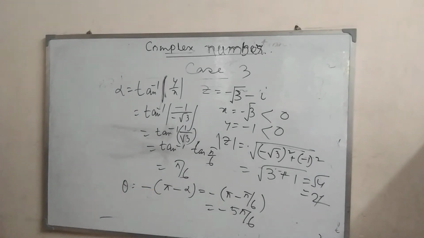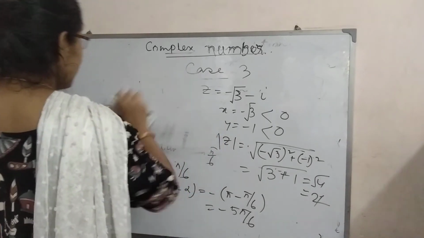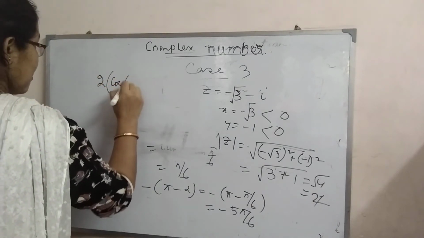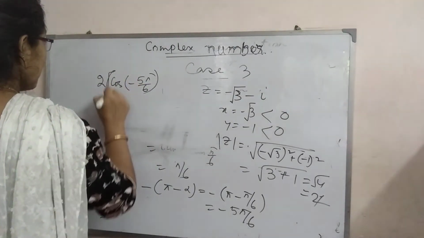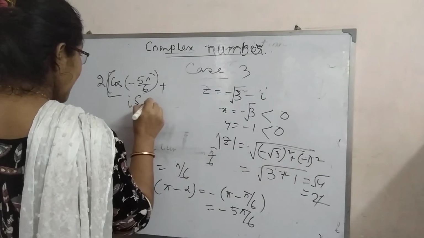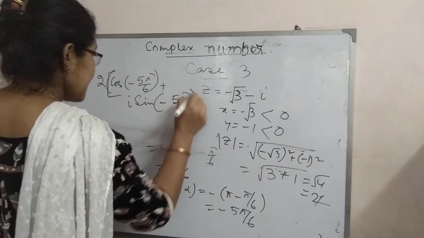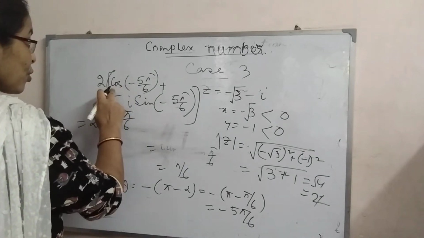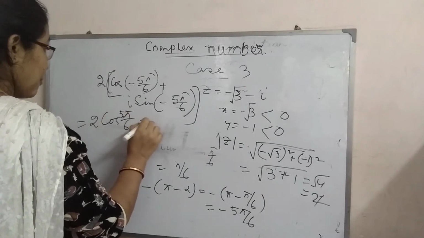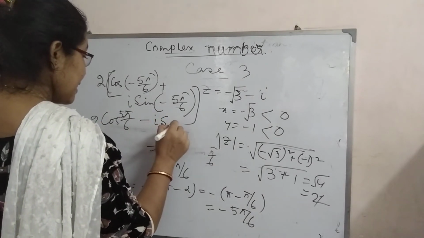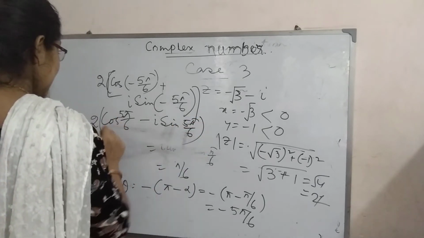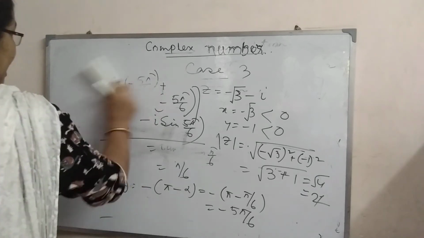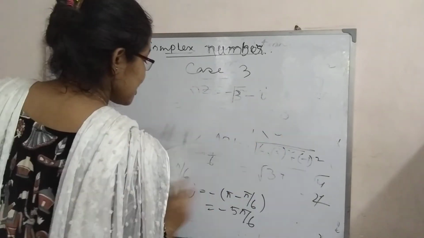So I will write the modulus amplitude form: 2 [cos(minus 5 pi by 6) plus i sin(minus 5 pi by 6)], that is 2 [cos 5 pi by 6 minus i sin 5 pi by 6], because cos of minus theta equals cos theta, and sin of minus theta equals minus sin theta. It is the modulus amplitude form. Okay, and next I will go to case 4.